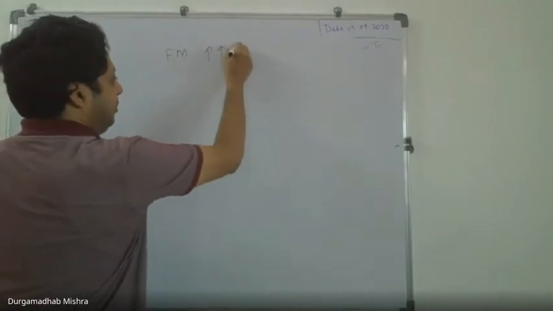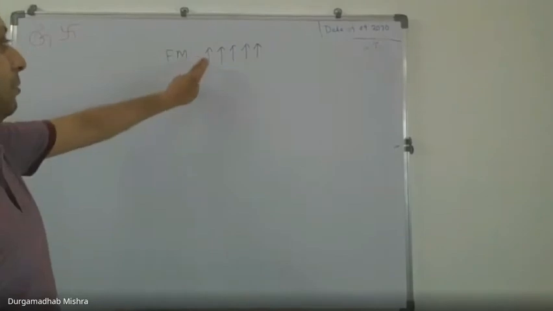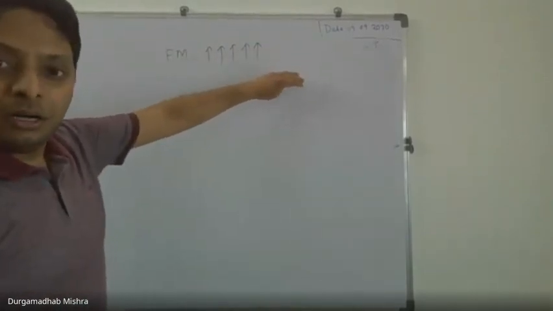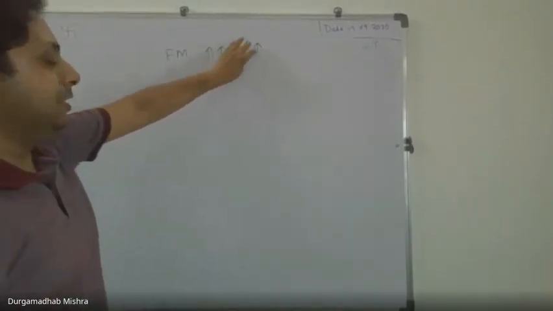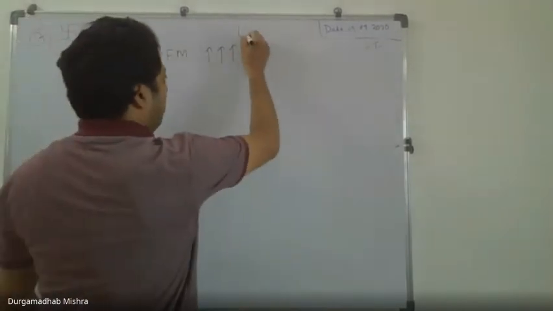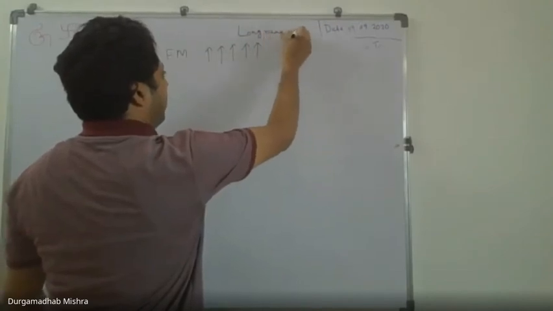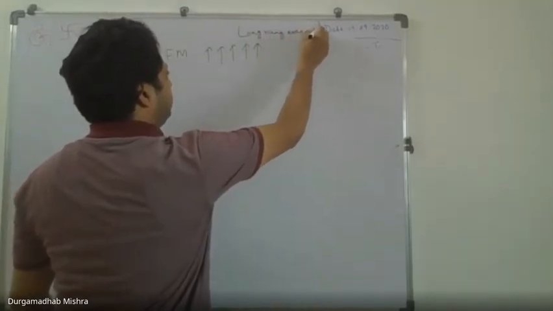So these are your magnetic moments or the spins. Ferromagnet means all spins will be aligned in the same direction. That is called a ferromagnet. So this is all long range magnetic ordering.